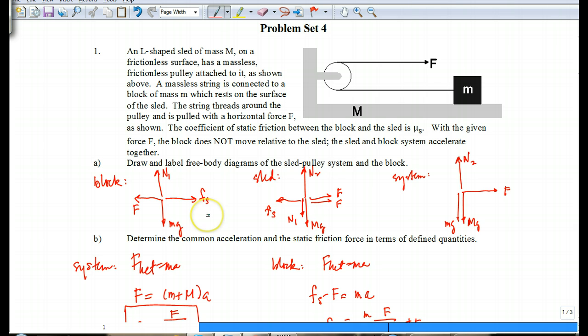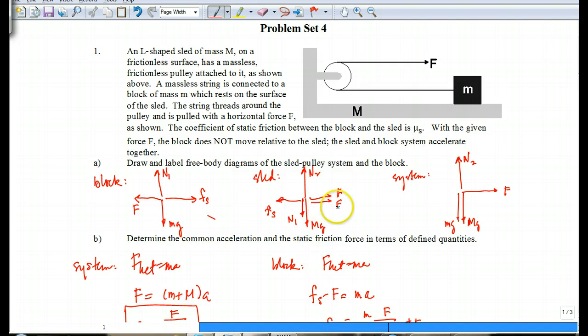We know the block will accelerate to the right along with the sled, and therefore there must be a force, and that is the friction force, the force exerted by the sled on the block to the right. Of course, there's the weight and the normal force up and down.